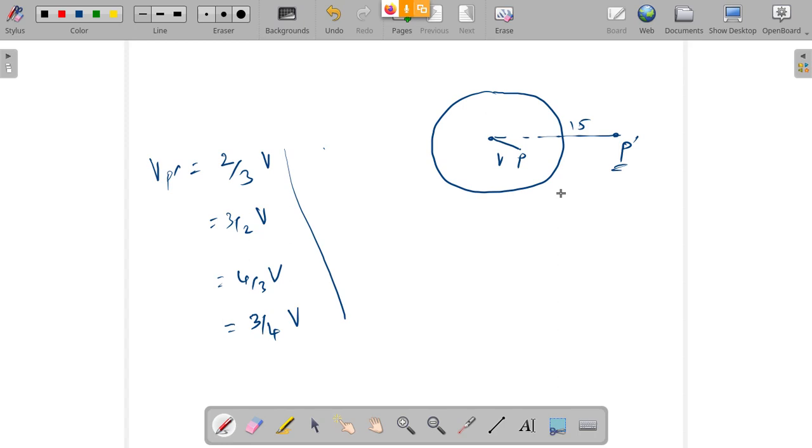Please work it out. Inside the sphere, at a point, the potential is given. We don't know the potential on the surface. Once you know that, you can get the potential outside also. That is the clue for this problem.